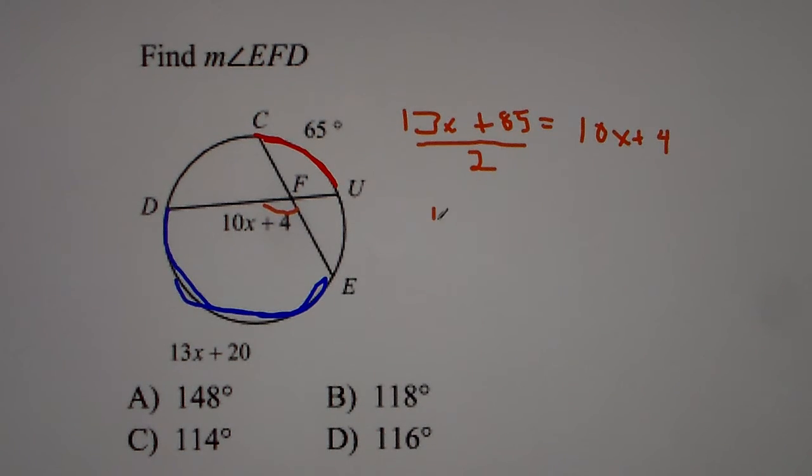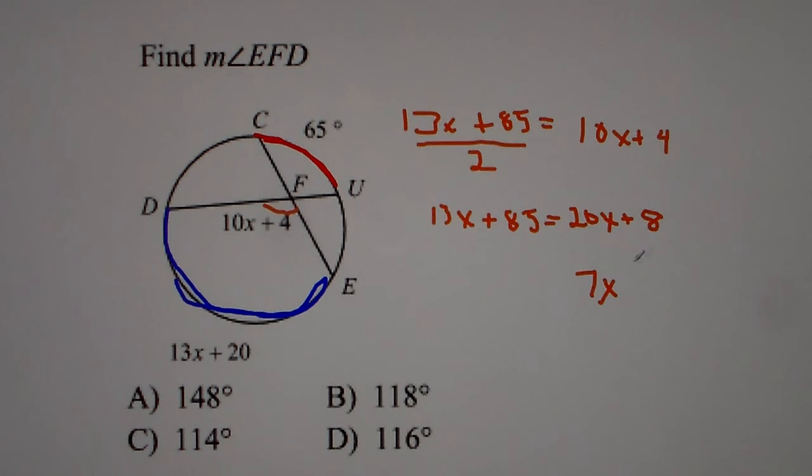Multiply by 2 to both sides. We get 13x plus 85 is equal to 20x plus 8. Subtract 13x from both sides, you get 7x.